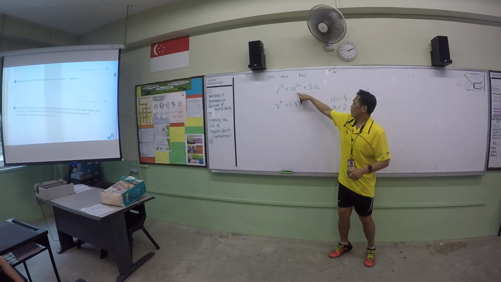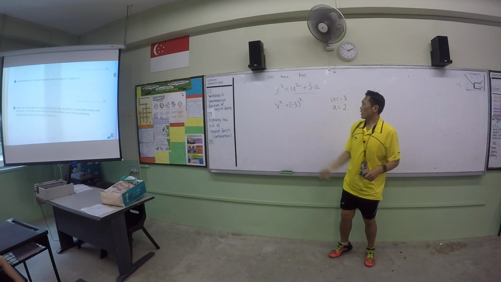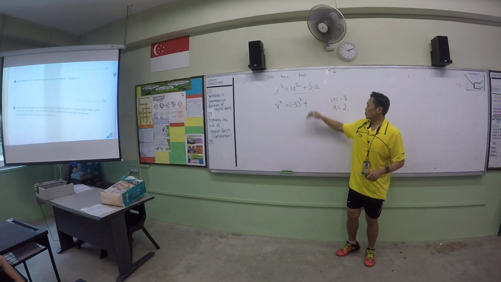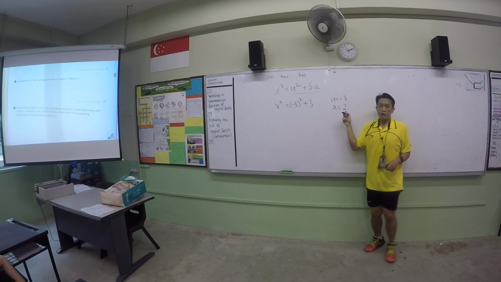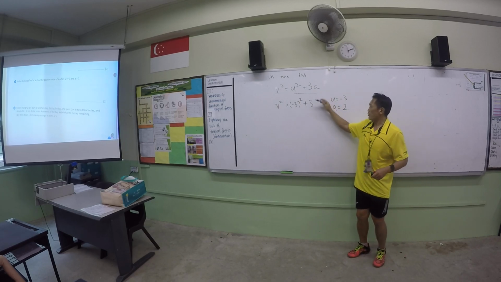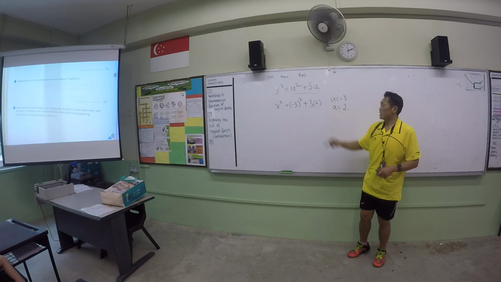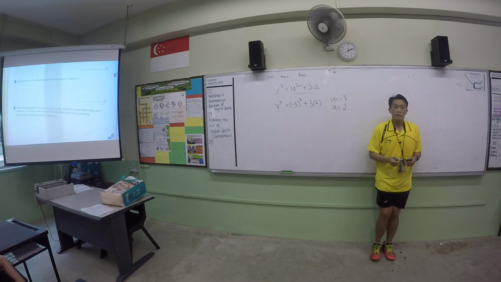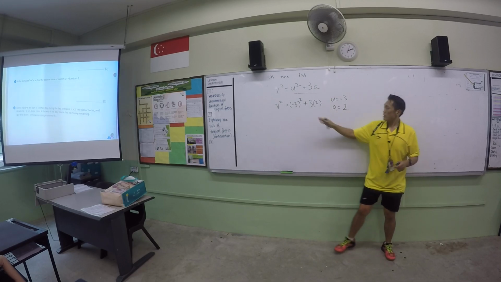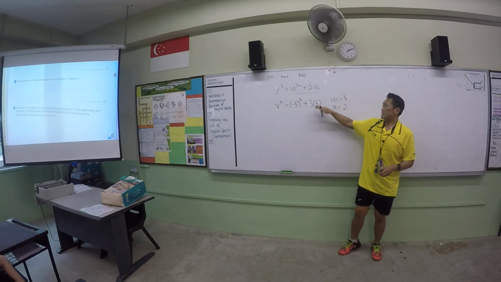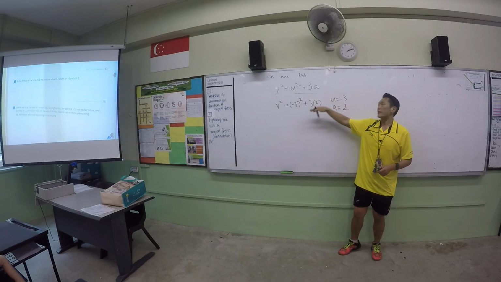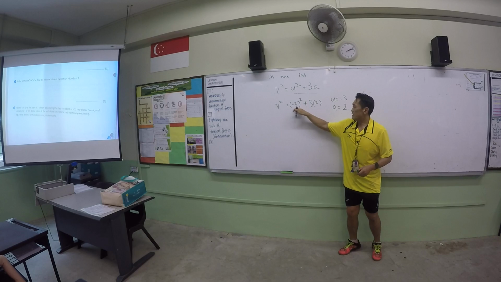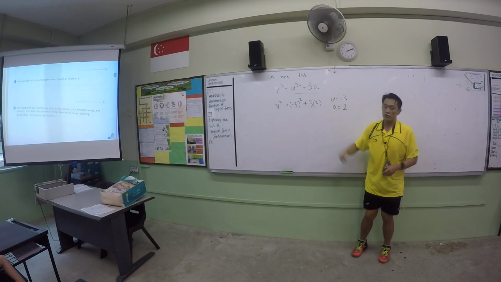This bracket is being squared. Plus is still plus, no change. 3 is still 3. A, now we know A is 2, we replace A with a bracket and put the 2 inside. So what this line means is still exactly the same as this line. Just that now we know U is -3. We know A is 2.